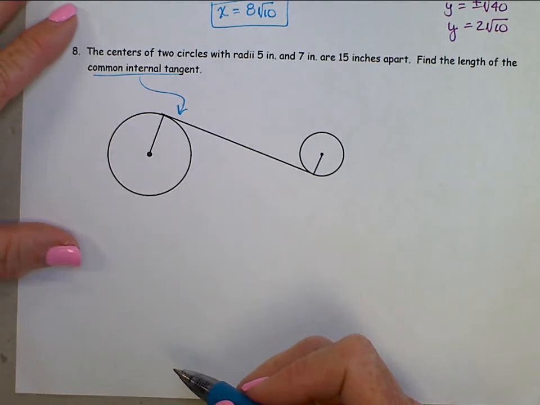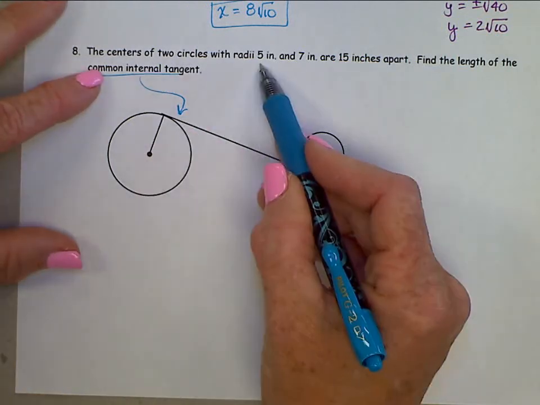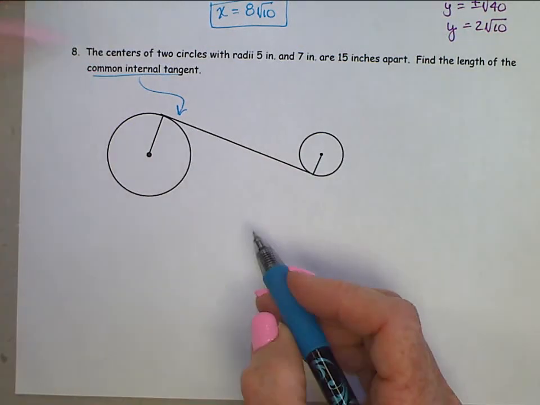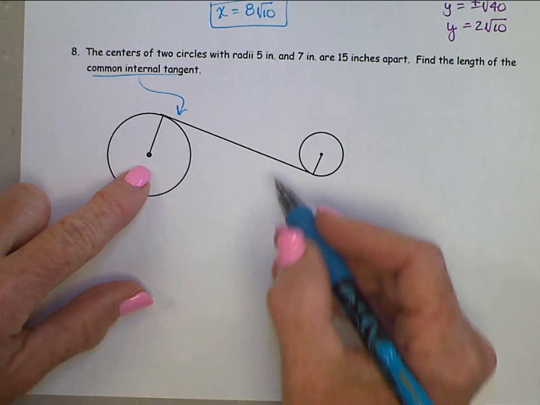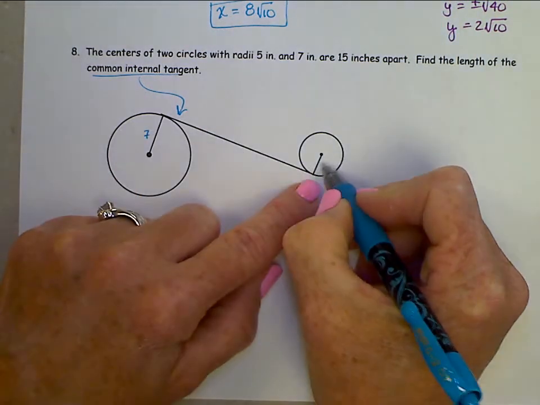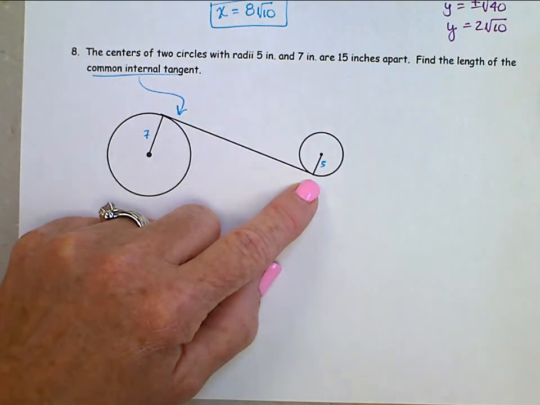All right, the centers of two circles with radii 5 and 7 are 15 inches apart. So let's put 7 on the bigger circle for the radius and 5 on the smaller circle for the radius. And the centers are 15 units apart.